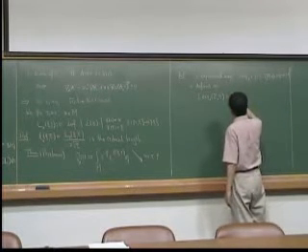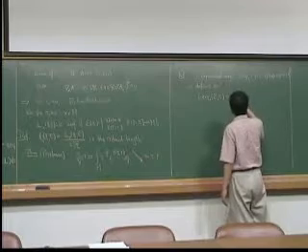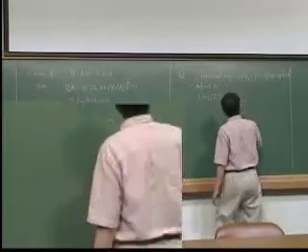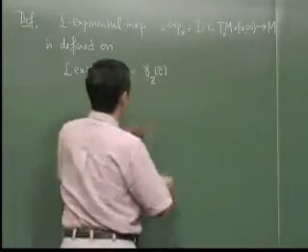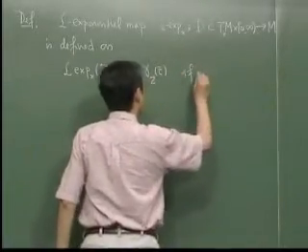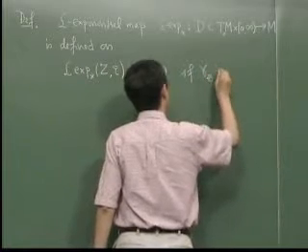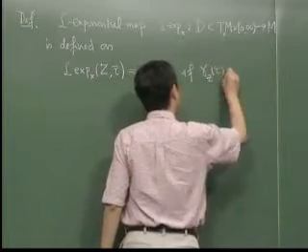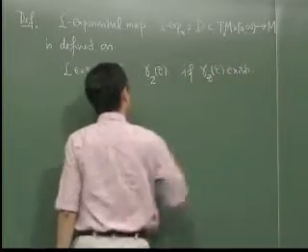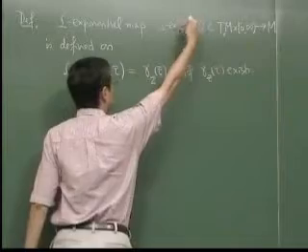So this is just the Z of tau bar, if this exists. Okay.